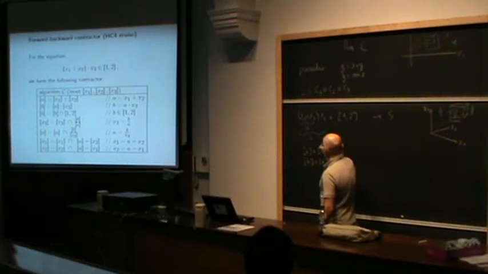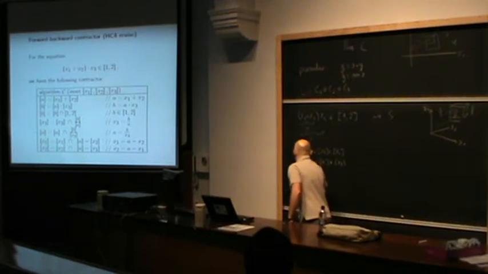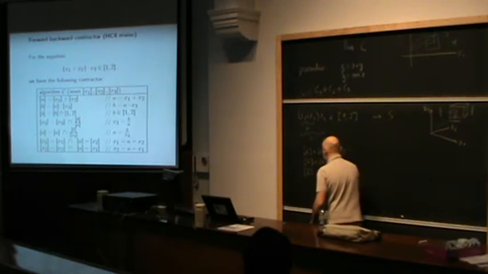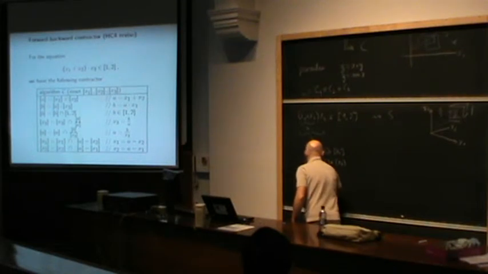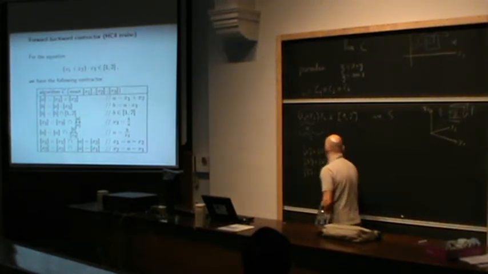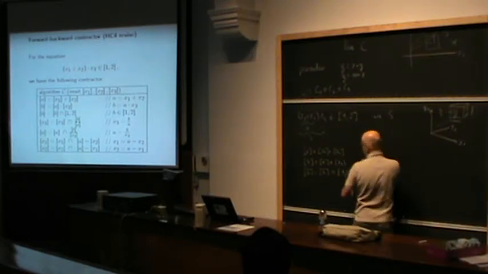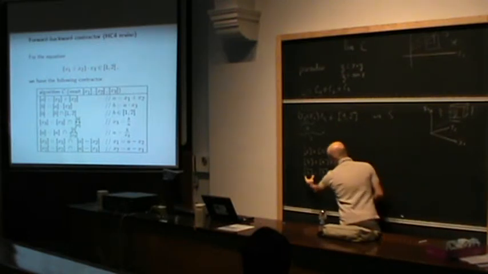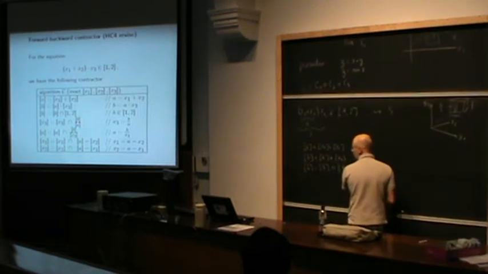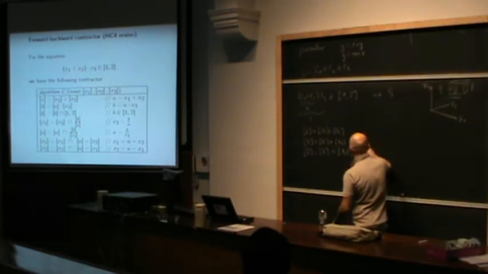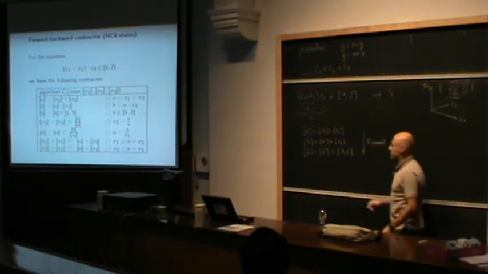I also know that B not only belongs to this domain, but also belongs to [1, 2]. Why? Because B should be inside. So I have a contraction of the domain for B. This is what we call the forward contraction.